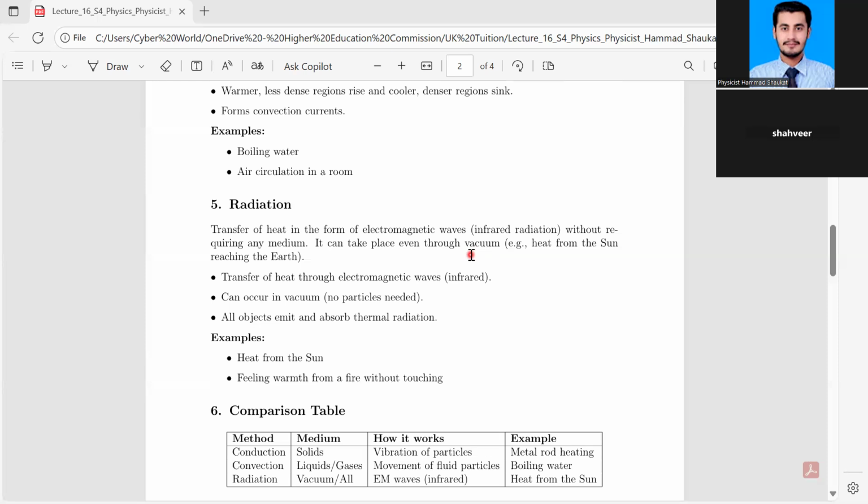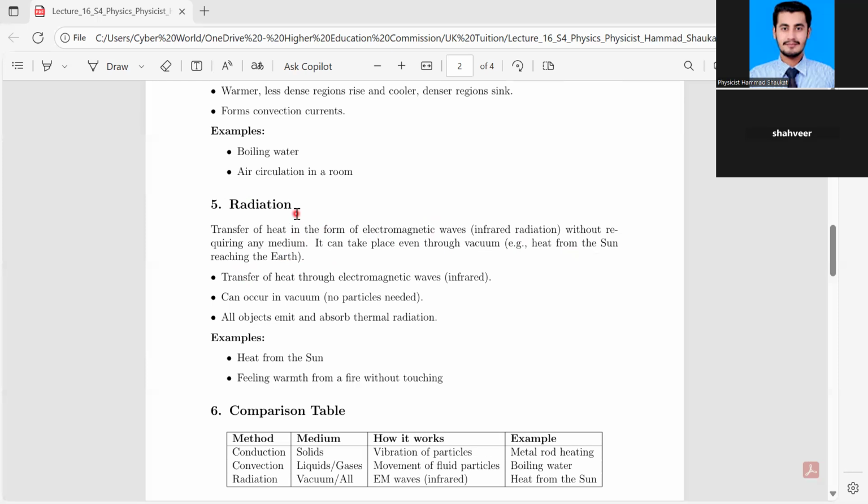That's why in space, where there is a vacuum, sunlight comes from the sun to the earth easily. This is all due to the radiations coming from the sun. An example is the heat from the sun reaching the earth. There is no medium between earth and sun. It's empty space. But the radiations from the sun easily come from sun to earth. This is all due to the concept of electromagnetic waves, which are called radiations.